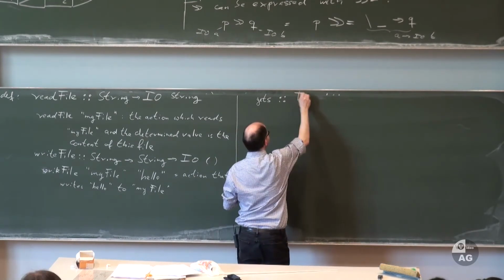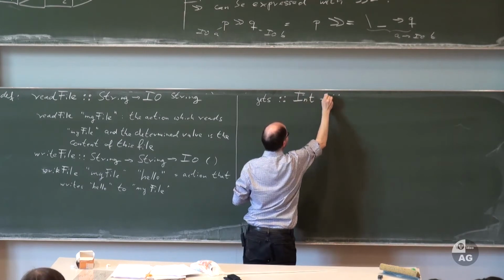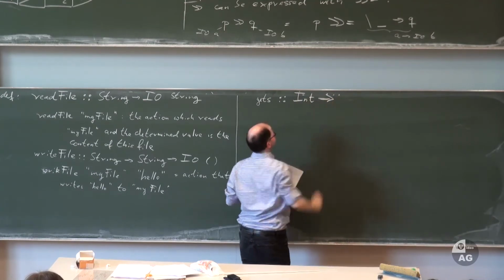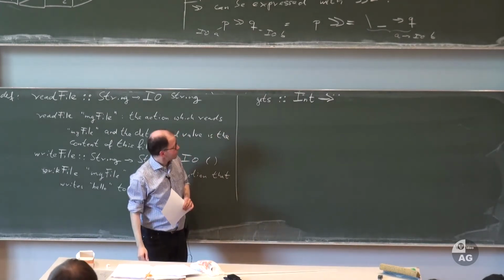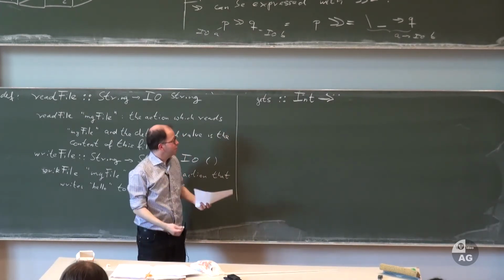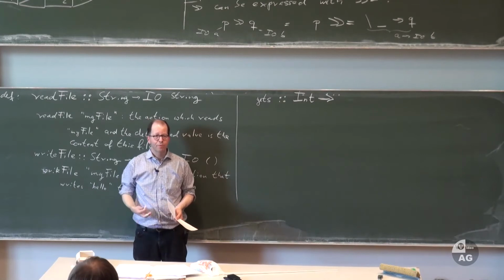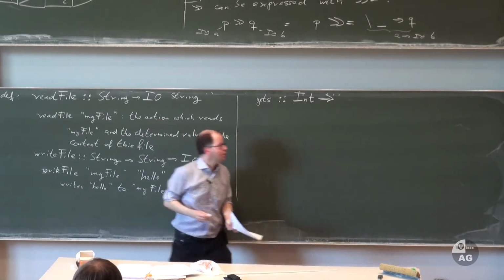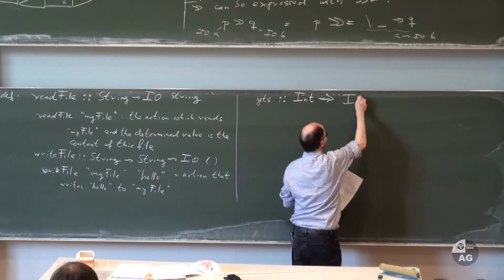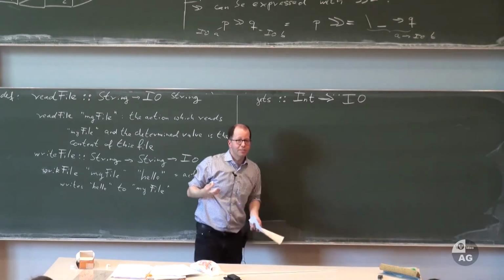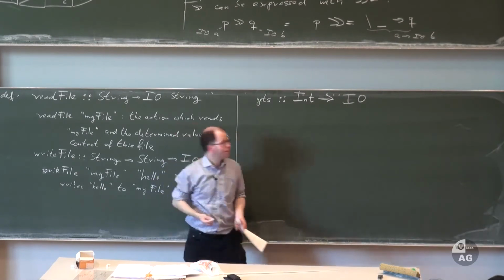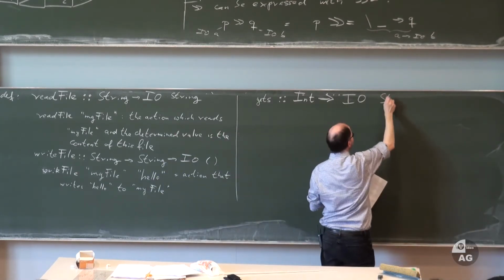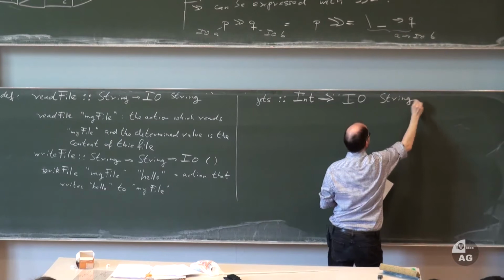So it's a function that takes an integer, and this integer determines how many characters you want to read. So gets 2 would read 2 characters. So what should be the result type? Well, it should be an action, so IO. And what will be the type that I want to encapsulate here? A string, right. I want to encapsulate not just a character, but a whole list of characters.